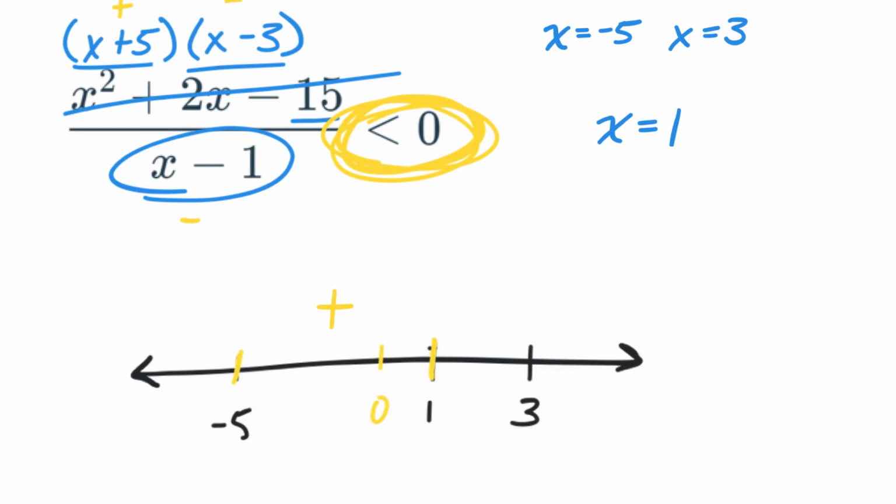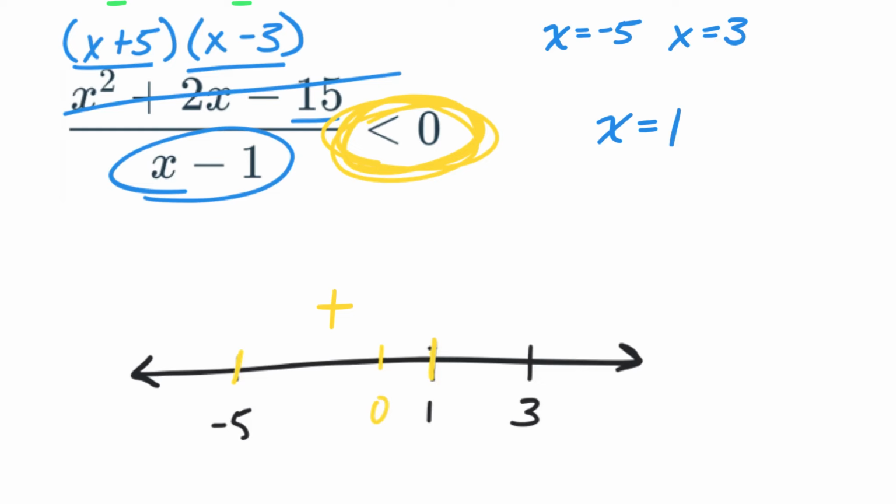We'll do this next one in a different color here. So pick a value less than -5. Well, why not -10? So -10 plus 5 would give me a negative number. -10 minus 3 is going to give me another negative number.